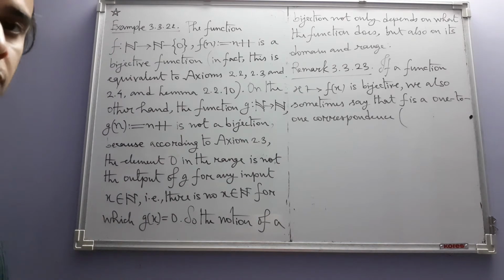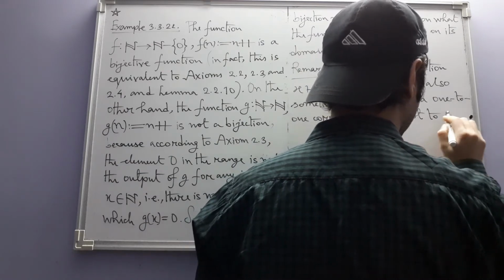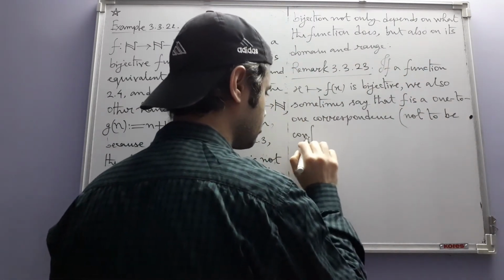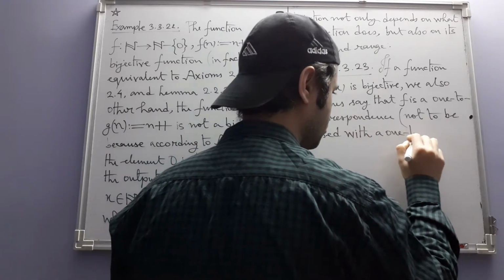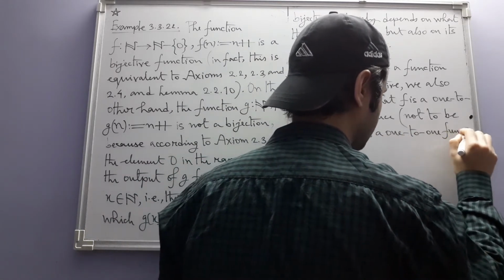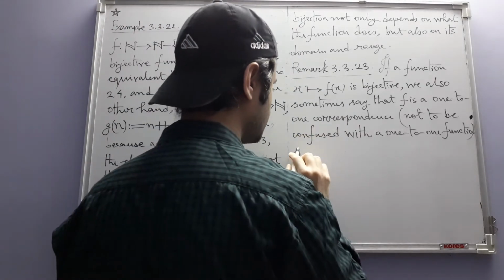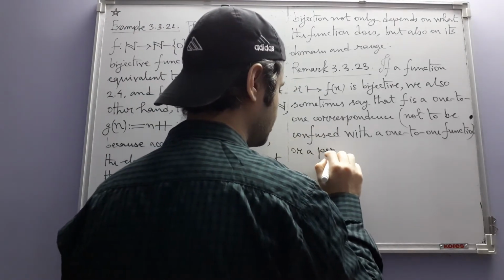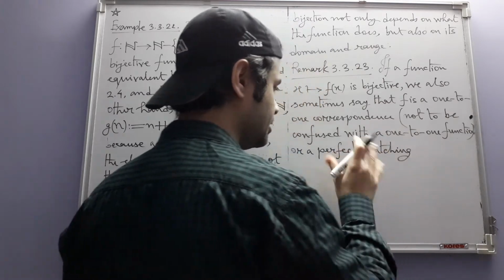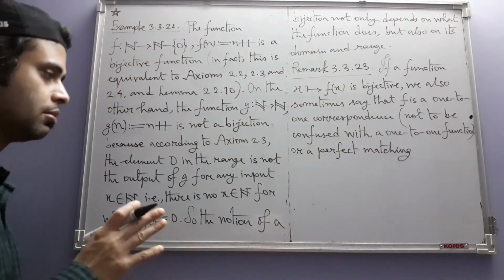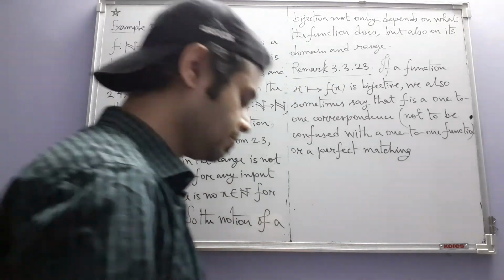A one-to-one mapping is an injective function. A one-to-one correspondence is a bijective function. One-to-one correspondence, or a perfect matching, although this term perfect matching is usually used in graph theory, but it is the same thing actually.